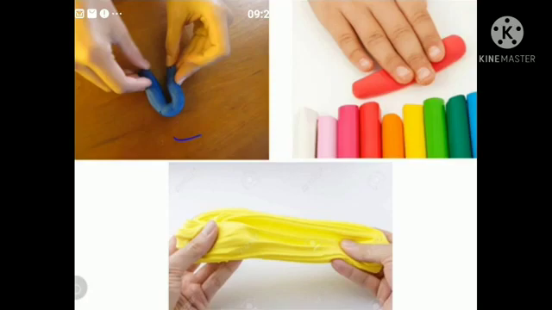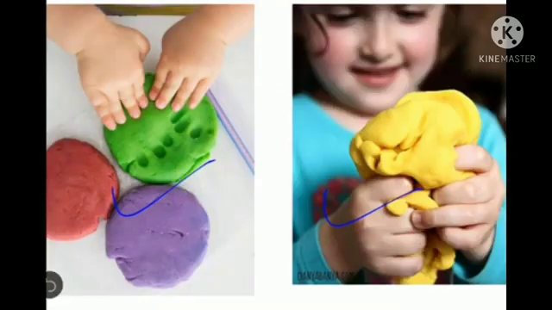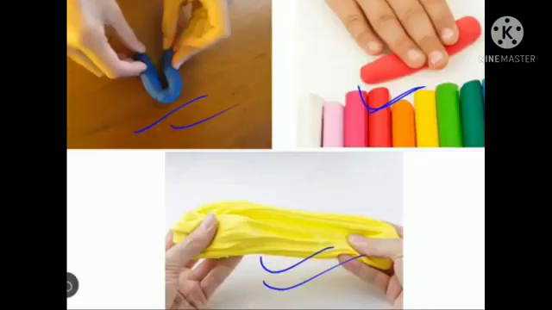Yes, children. Now tell me, what happened to the Play-Doh when we do these activities? When we press or squeeze or bend or roll or stretch the dough, what happened? What did we do? What we have done here, the shape of the Play-Doh changed.